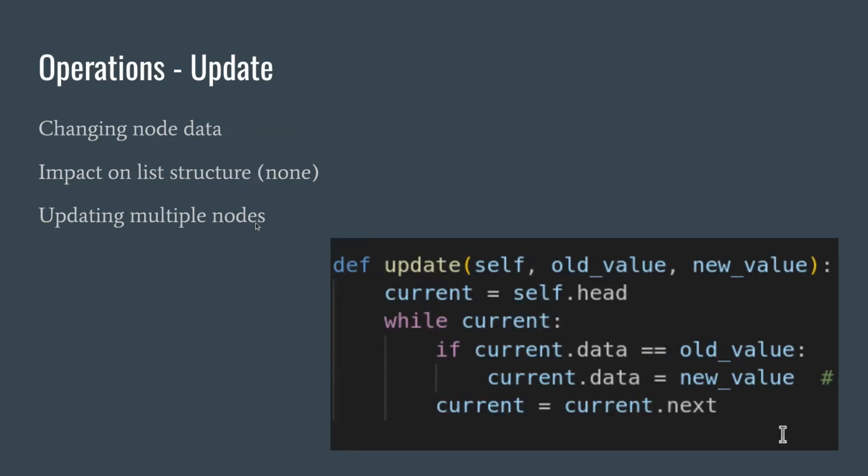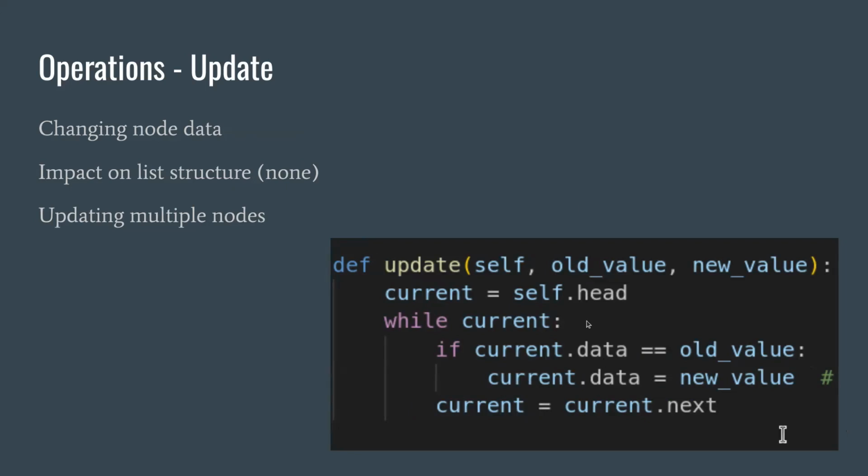Now, update operations. So updating a node in a doubly linked list involves changing the data stored in one or more of its nodes. And this operation is straightforward since it doesn't involve modifying the list structure. So it's just modifying the data within a specific node.